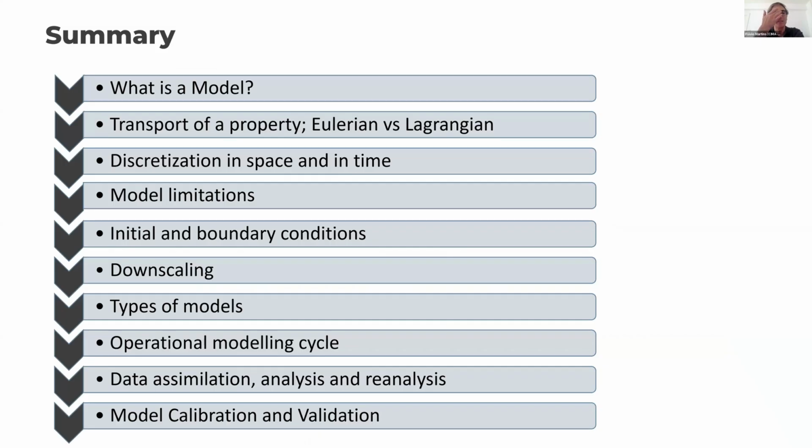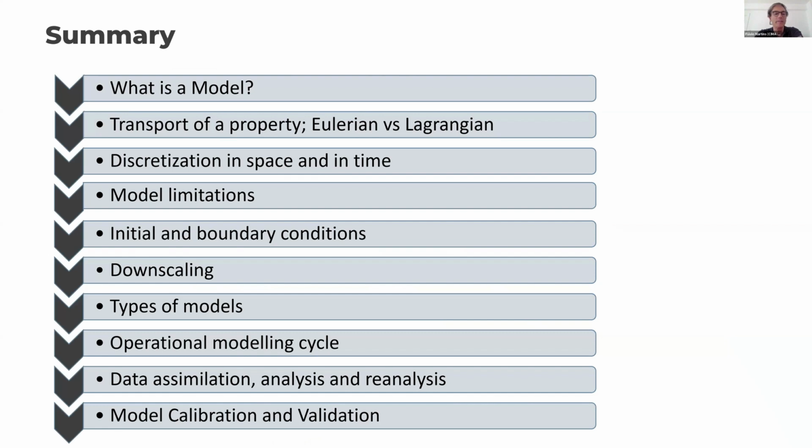Okay, so this is a short summary of what we are going to have today. Starting with the question, what is a model? And also discussing a bit about the transport of a property and the two methods of describing the transport of a property. Then discretization in space and time, two very important concepts in modeling.